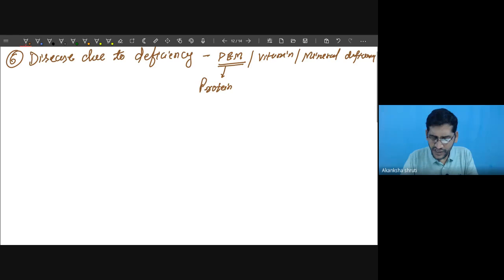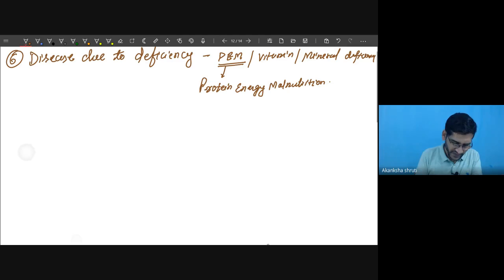So this is protein energy malnutrition. So the first category in this could be due to PEM, meaning lack of protein energy, so insufficient balanced diet.